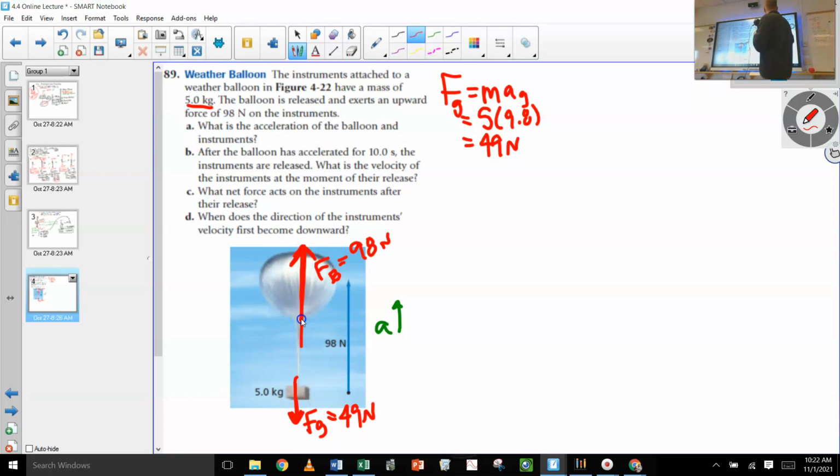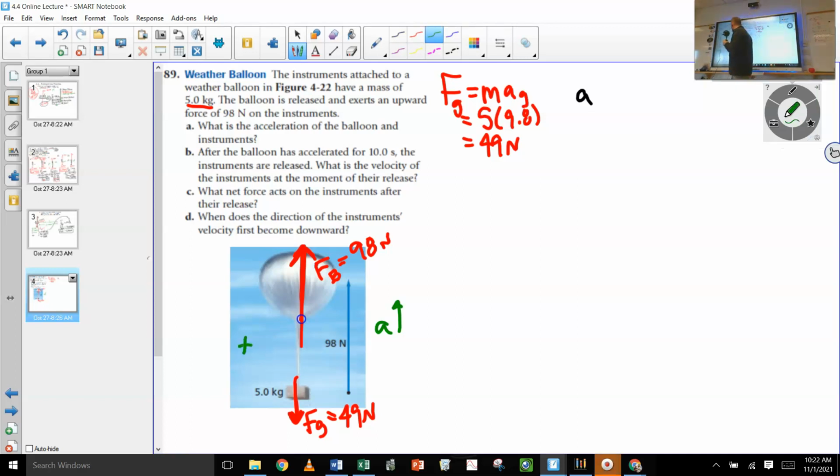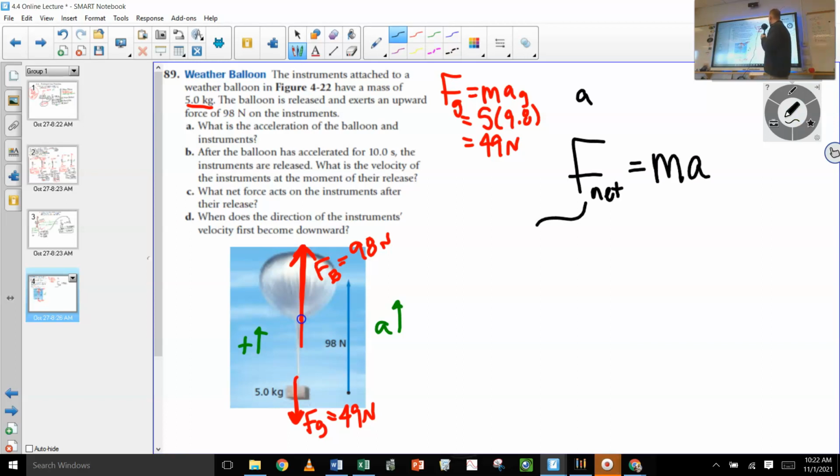Now, part A says, what is the acceleration? So we look for an equation. Oh boy, we better declare which direction is positive. So I'm going to make up positive through all of this stuff. So my net force is all the forces acting on this thing. A positive 98 and a negative 49.